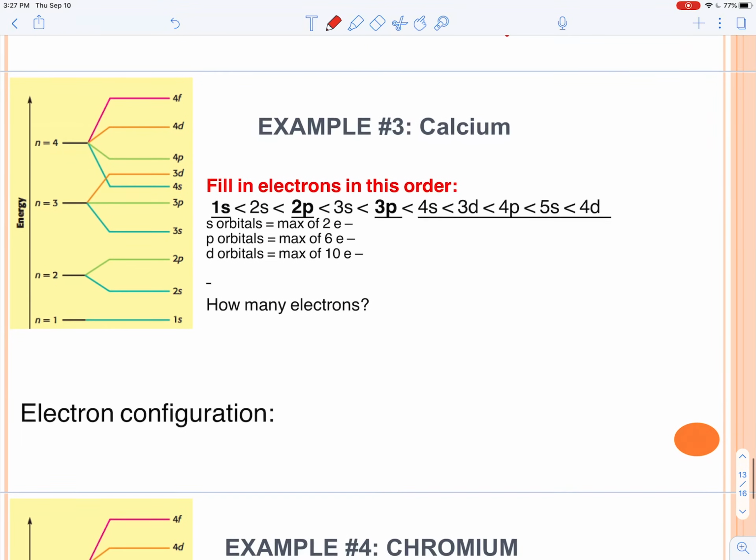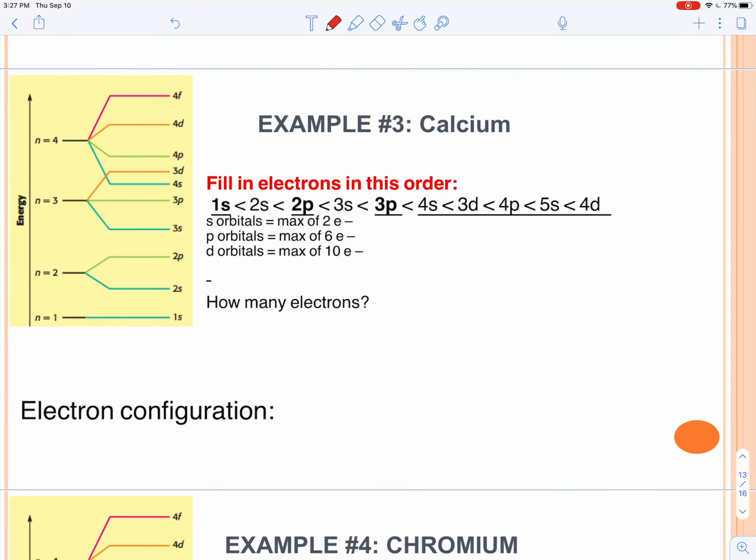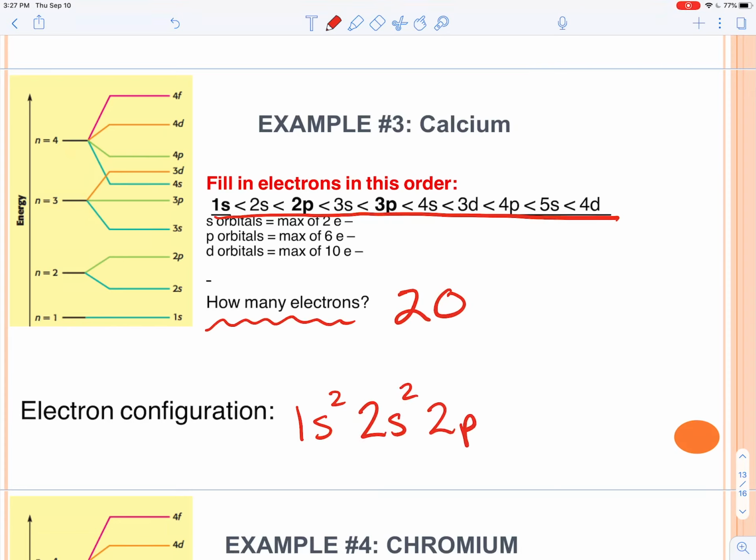Okay, let's do a few more examples. Calcium. How many electrons are in calcium? 20 is correct. So again, you start with your lowest energy level, always 1s. And in case you forget, the order is also up here. After 1s, 2s. We can fit 2 of them. 2p, we can fit 6 in there.